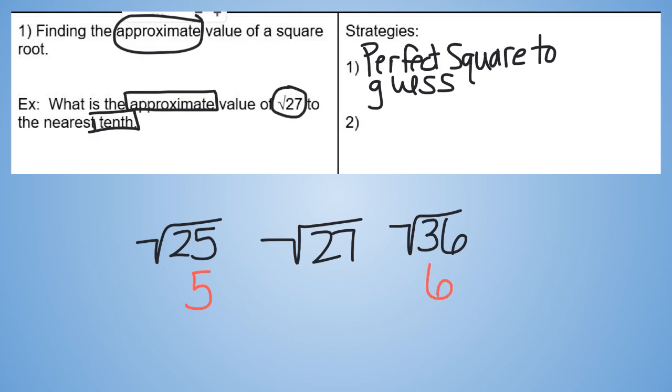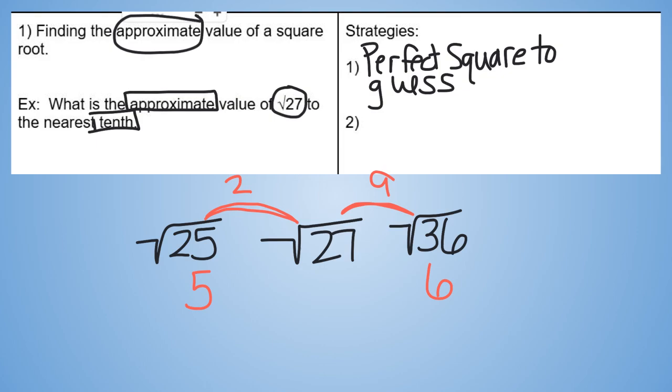That's 6. So I know it's somewhere between 5 and 6. It's actually closer here than it is here. So it's going to be 5 point something, something low, 5.1, 5.2, around in there somewhere. If we were just doing to the nearest whole number, I'd say it's 5.